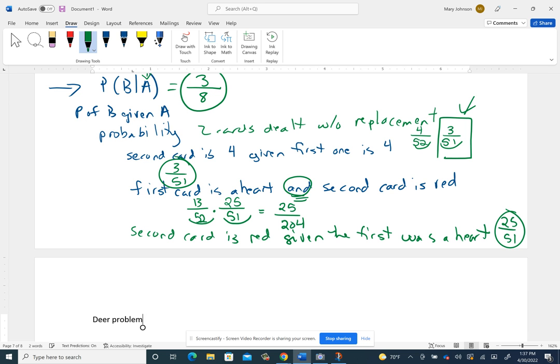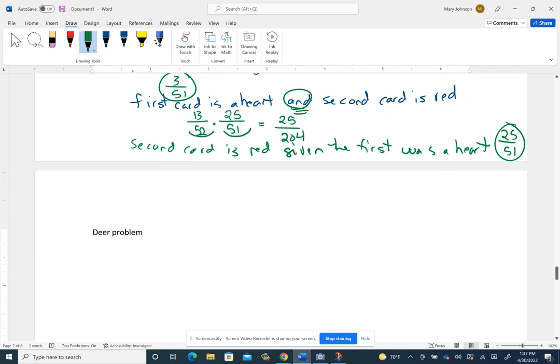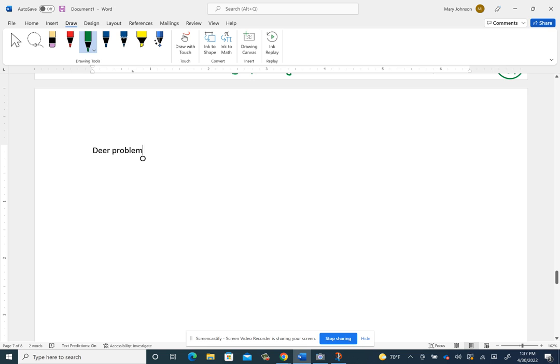Okay. All right. And then, I passed out that deer problem in class because there was a question that talked about using a probability tree with conditional probability.